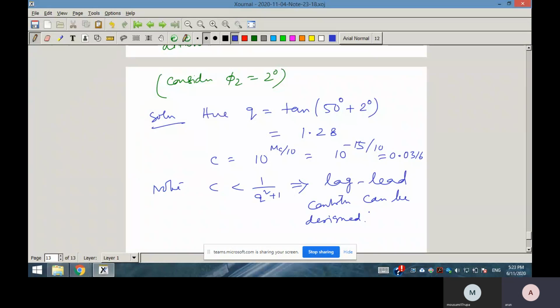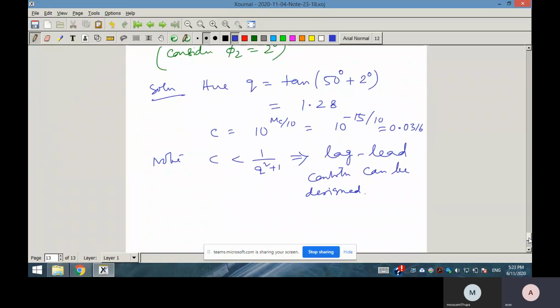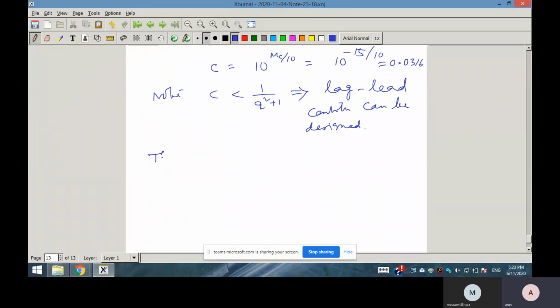So now, what are the parameters we will compute? First, as I said, we will be solving the quadratic equation to solve for alpha and a.